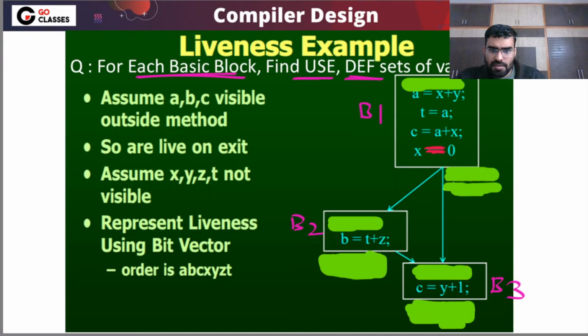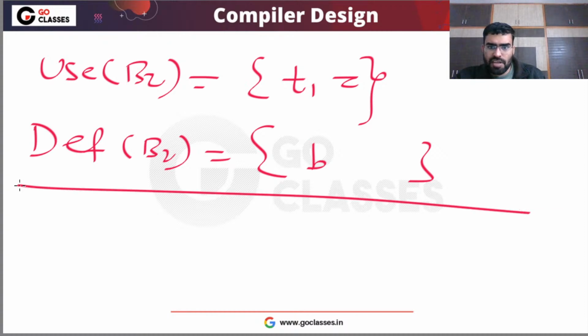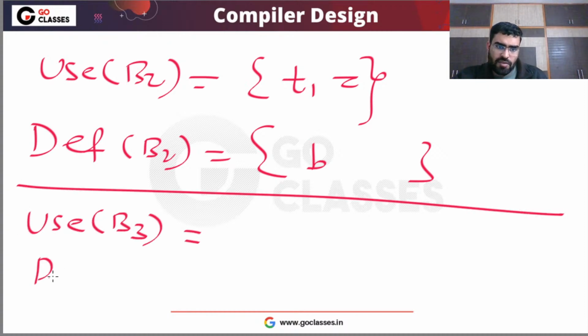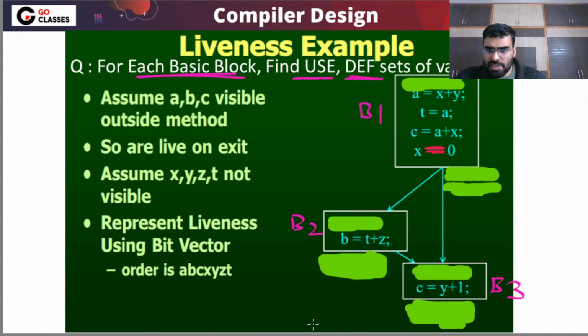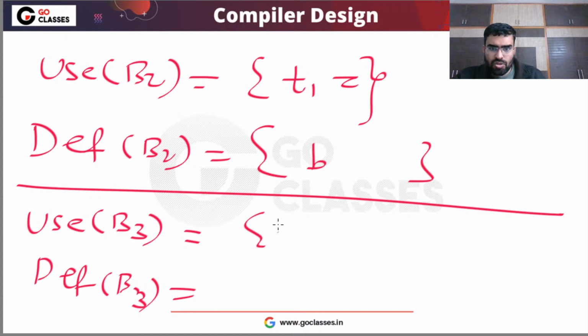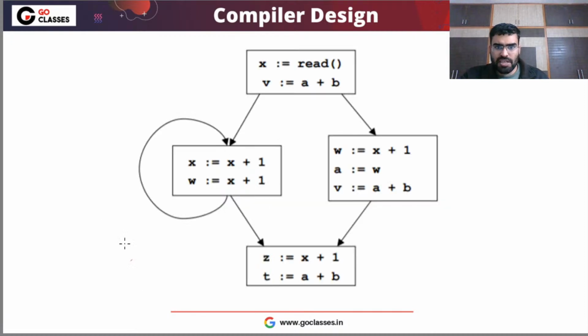That is B. And what are the used variables in B3? Y. This is the used variable, and the defined variable is C. So like this you can find for each basic block. Is this clear?